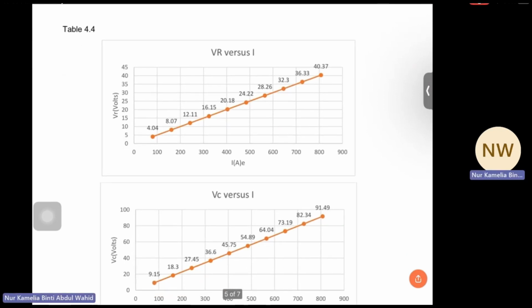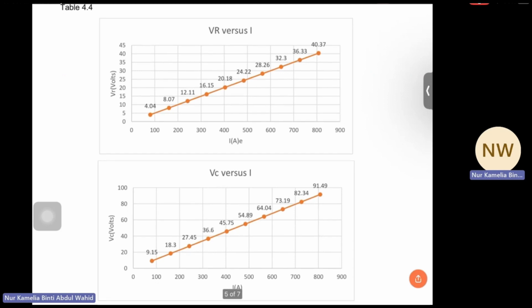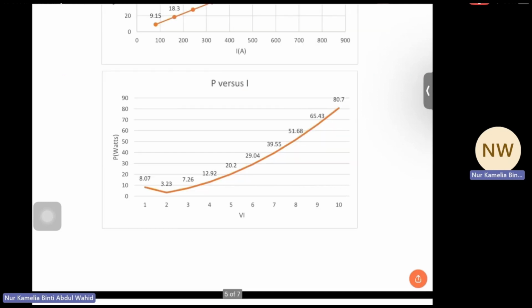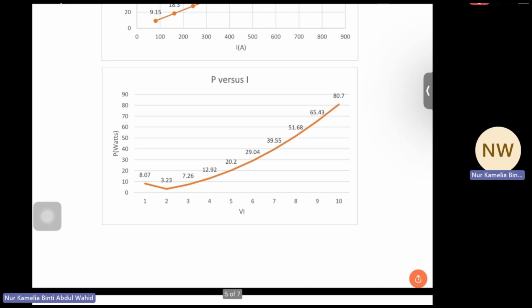For table 4.4, the graphs are similar to table 4.3: VR versus I and VC versus I are linear, and the graph for P versus I is a little bit of a curve because the first reading of VI is higher than the second reading.